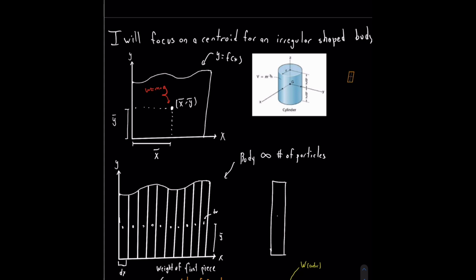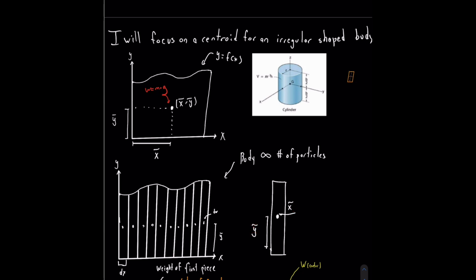it's going to have its own centroid, and it's going to have its own x distance and its own y distance here from their centroids. And these here are x tilde and y tilde.